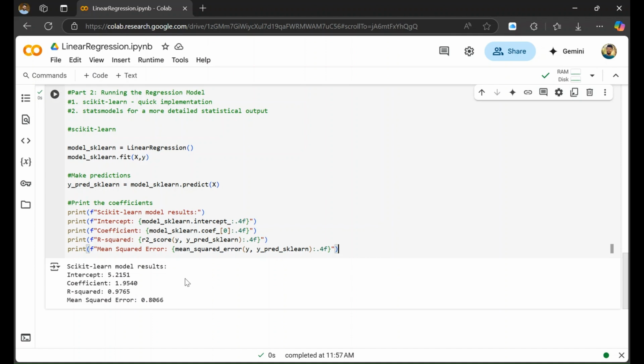So our intercept and coefficient are approximately equal to the values we gave earlier, 5 and 2. If we remove this and see how it gives.